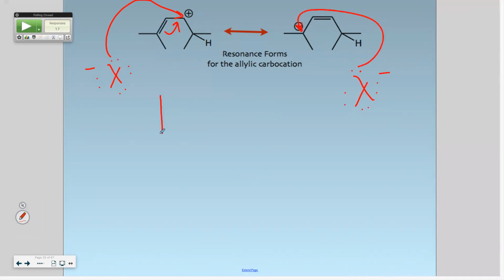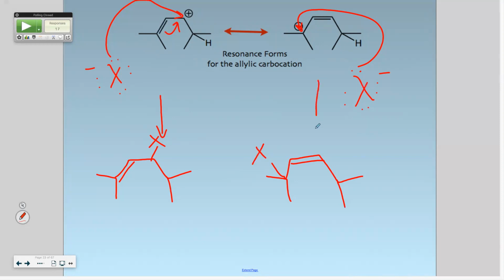Okay, so this product is going to look like this, and this product is going to look like this.